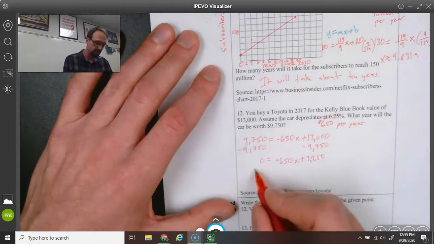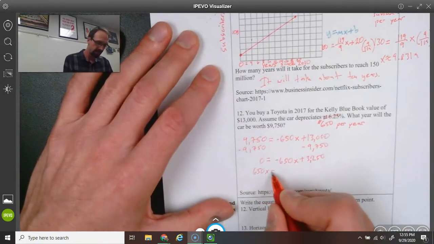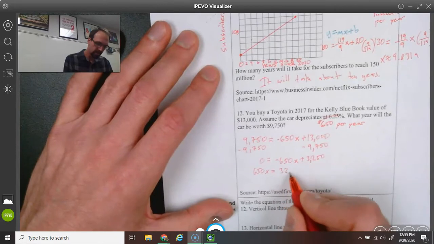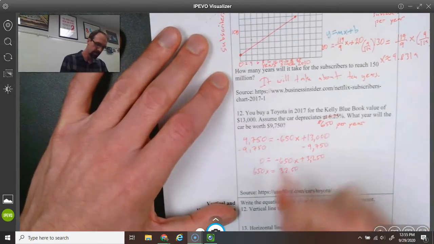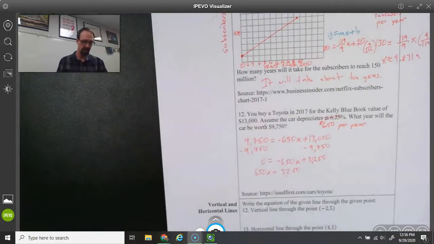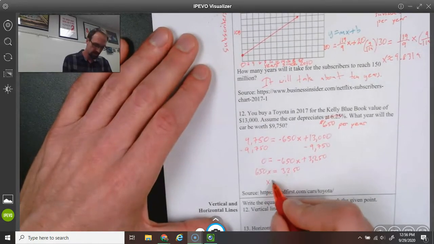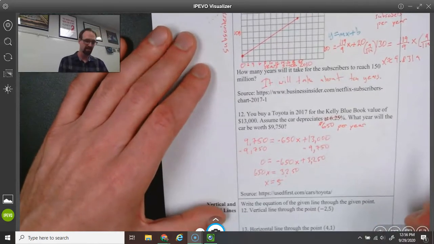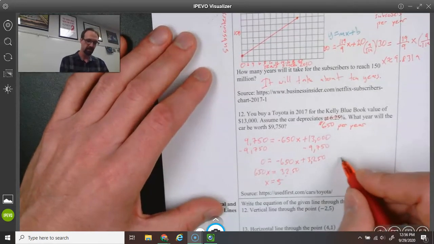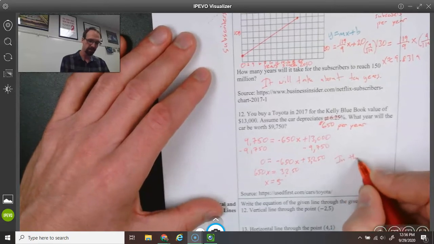Add 650x to both sides. 3,250. Oh my goodness, that comma. And then divide by 650. And you get x equals 5. So 5 years from 2017 would be in the year 2022.